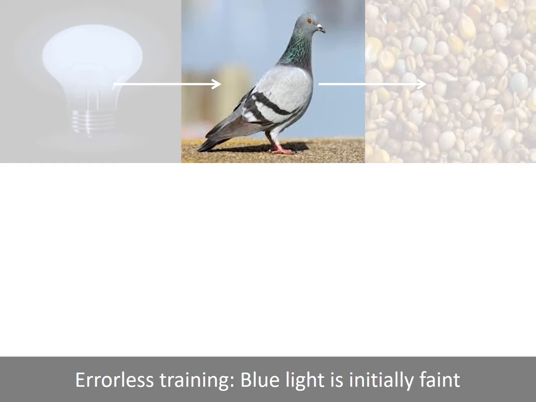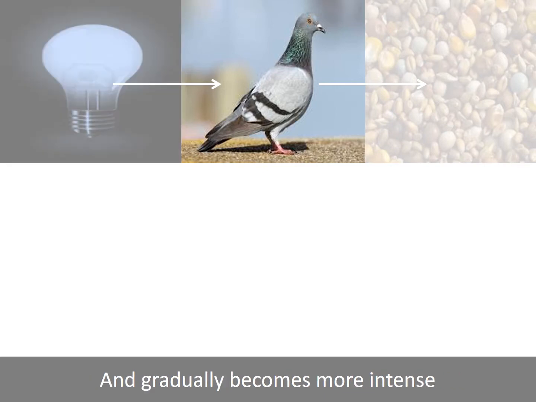Then over time, the blue light becomes gradually more intense. However, because the intensity rises only gradually, the pigeon hardly notices this change. So again, the pigeon will seldom peck and thus will not often feel disappointed when no food arrives. So eventually, even when the blue light is completely on, the pigeon might still never peck.